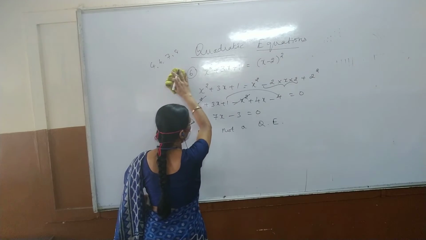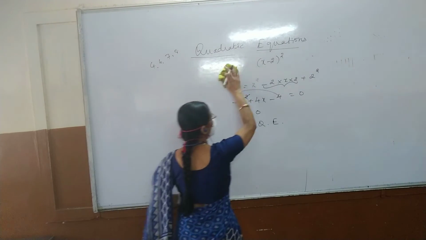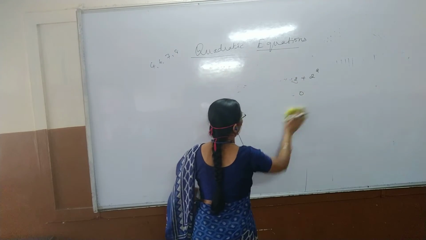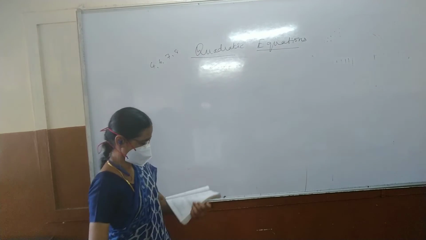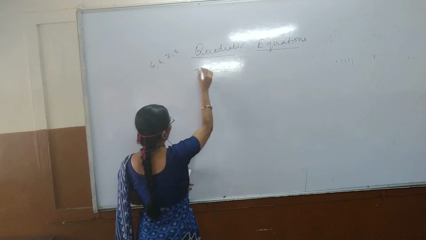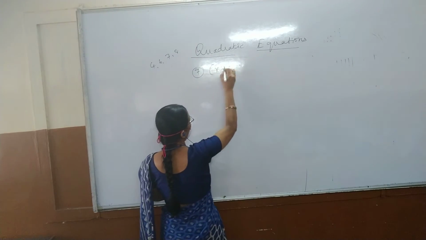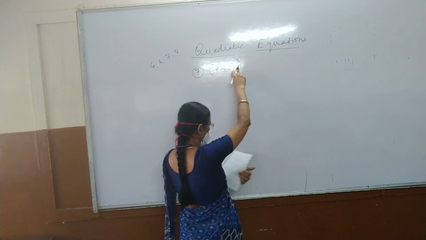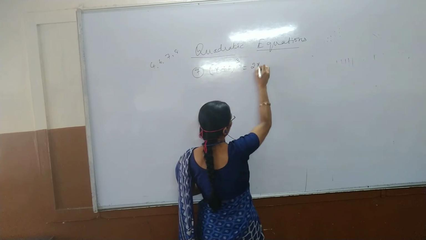Now we go to 7. Seventh sum is x plus 2 the whole cube. I think the problem is in using the formula of cube. Yes.